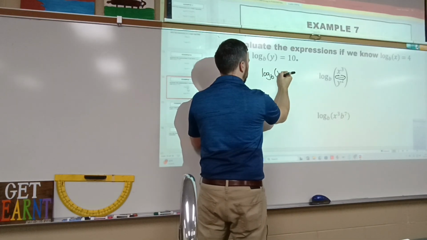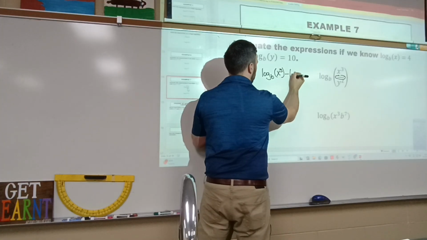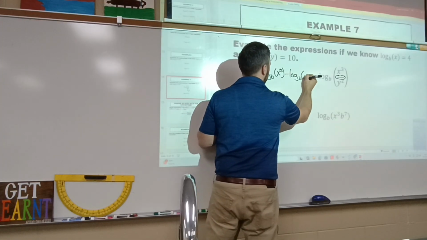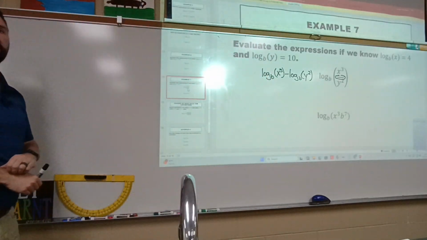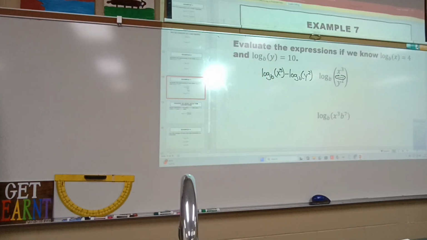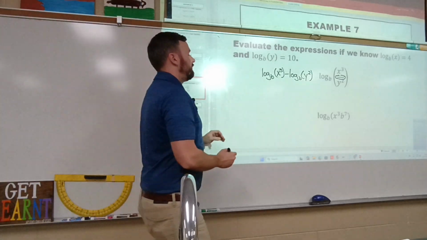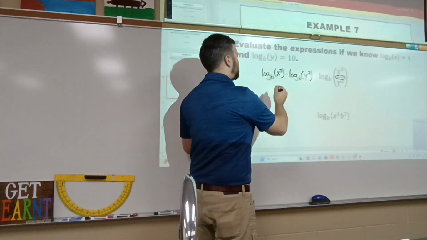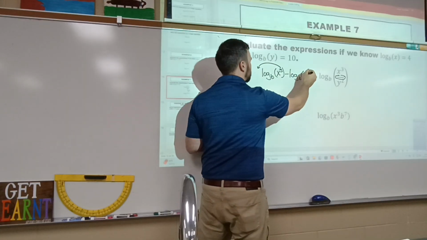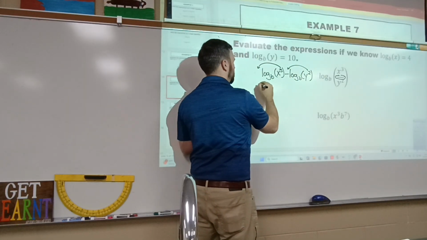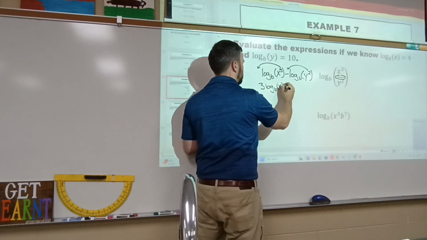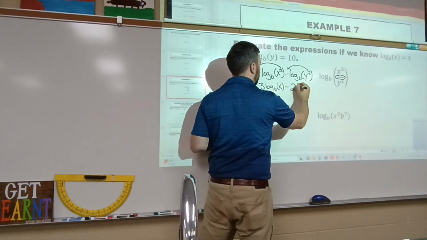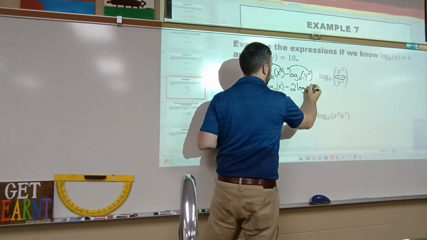So I'm going to do log base b of x to the third minus log base b of y squared, right? Y'all see that first step? Division, subtract. Then I'm going to deal with these exponents. I can move each exponent out in front. Make it 3 log b of x minus 2 log b of y.